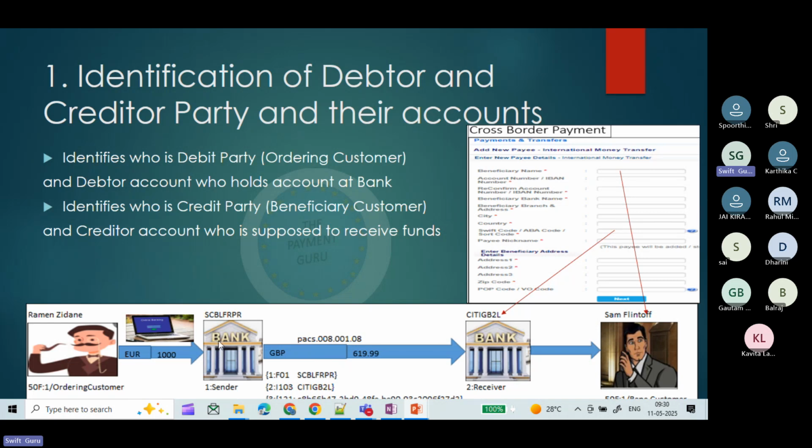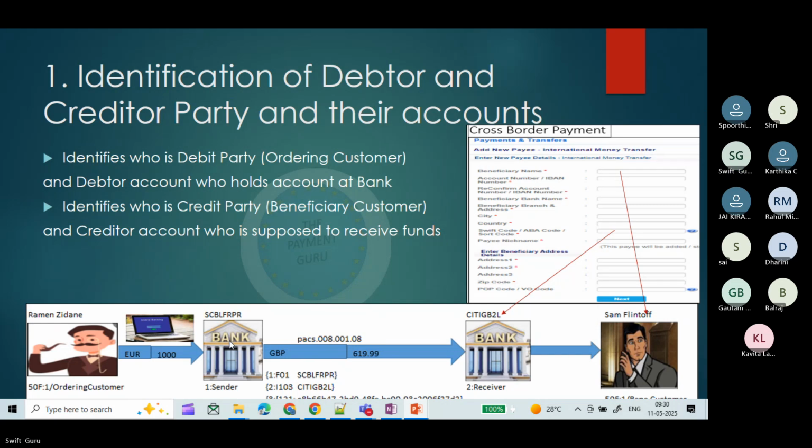Central Bank France, first thing they will do is identify the debtor and the creditor parties, including the debtor account number, name, and address, and likewise the beneficiary customer account number, name, and address. The beneficiary customer information they will get from the front end application itself, whichever they have populated. The ordering customer who has ordered the payment, their details would already be saved in the Central Bank France, right?